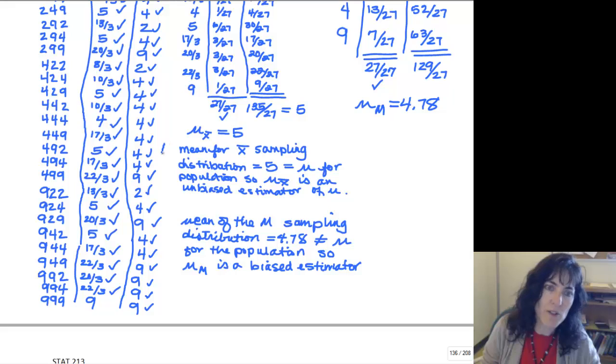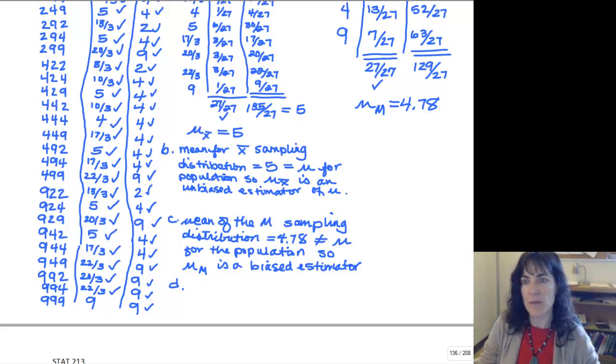So this could be the answer for part B, the answer for part C, and then the answer for part D. Let's go back and take a look at that one again.